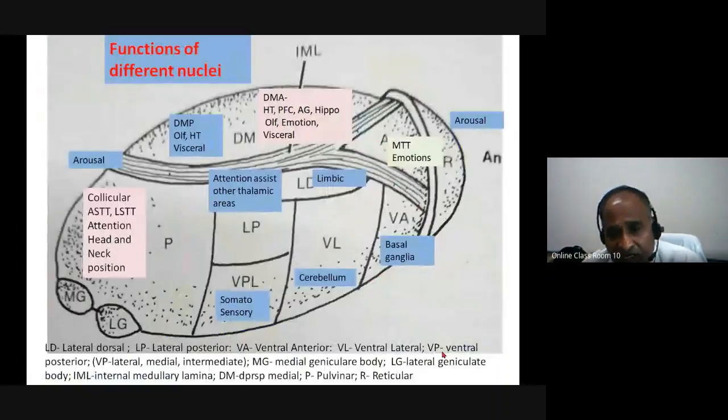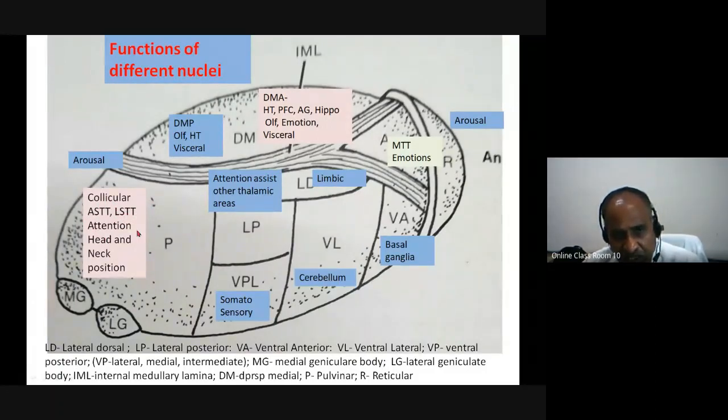Okay, let us put the same thing here just for repetition. You just look at that. This one is the lateral geniculate, this is visual. Medial geniculate, this is auditory. This is pulvinar. Pulvinar is connected with the collicular, the anterior spinothalamic tract, the lateral spinothalamic tract.